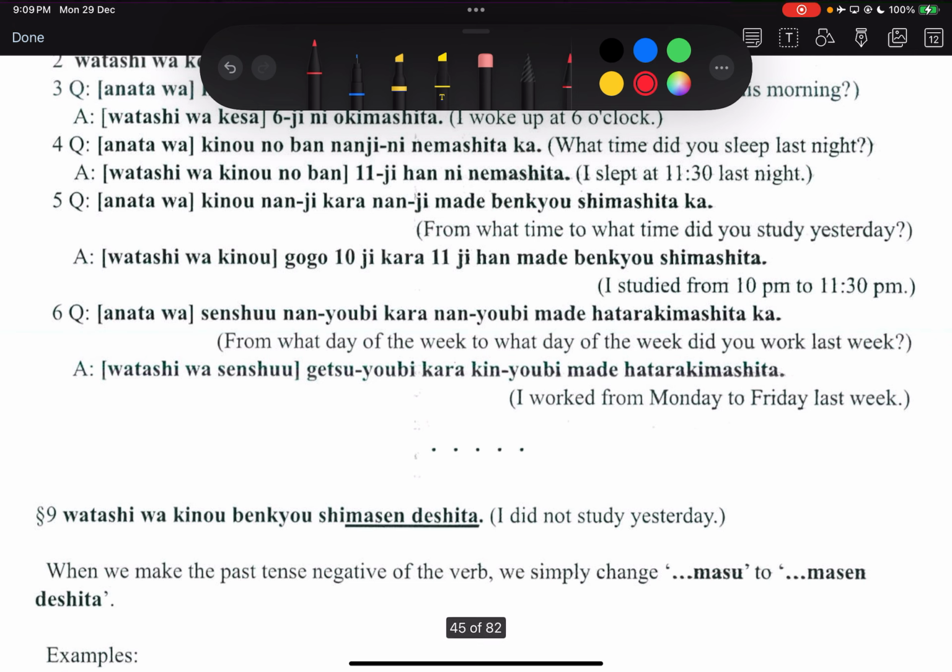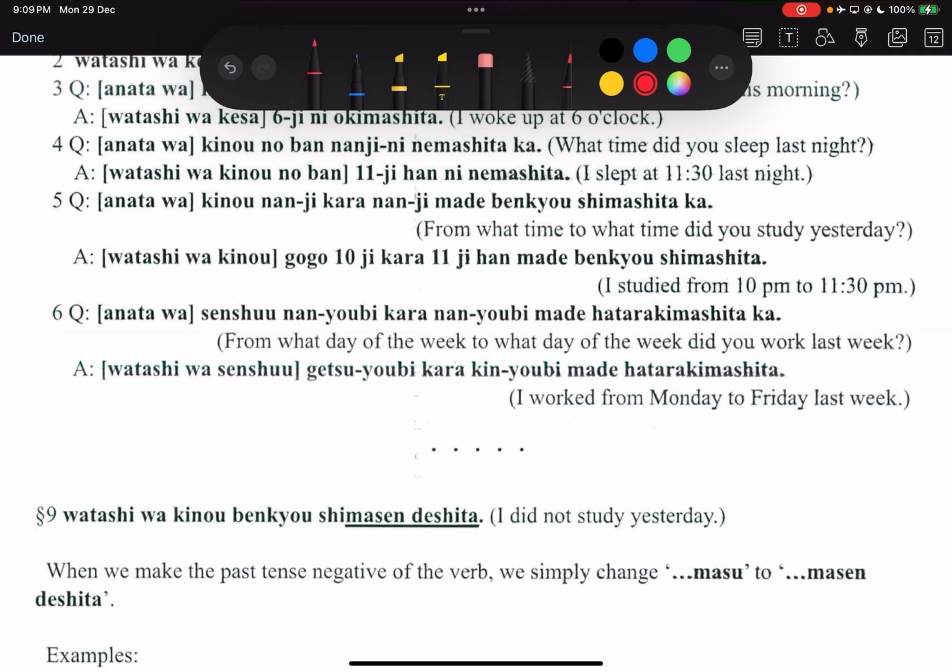Number 5. 昨日何時から何時まで勉強しましたか? Right, so 昨日 is yesterday, right? So yesterday 何時から何時まで, from what time until what time? 勉強しました. So until 11 o'clock, study. Right, 勉強しました simply means studied. Okay?